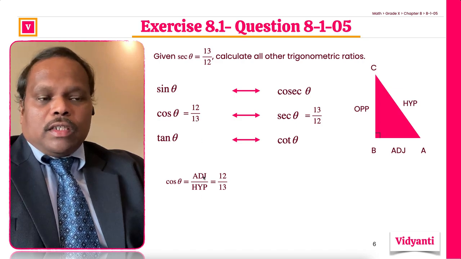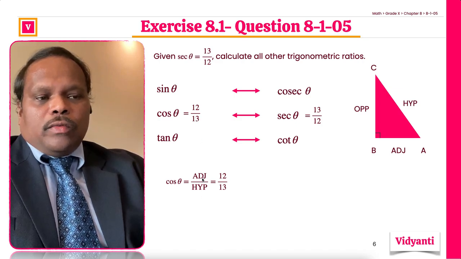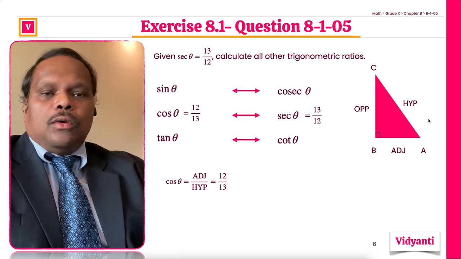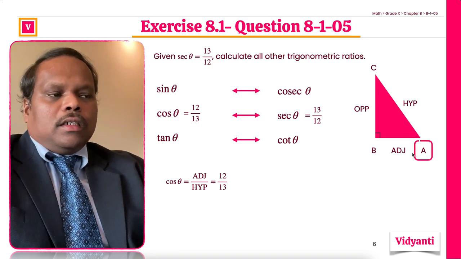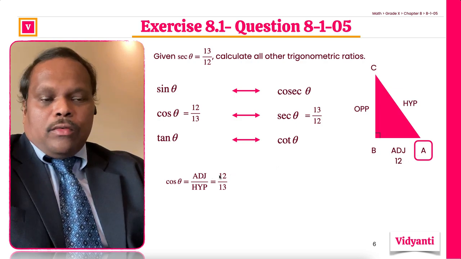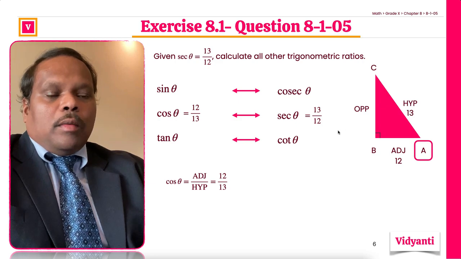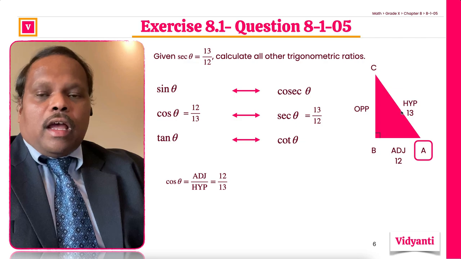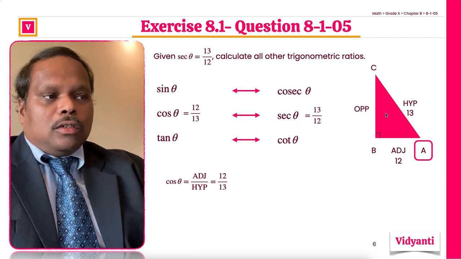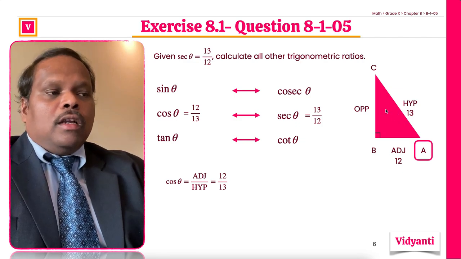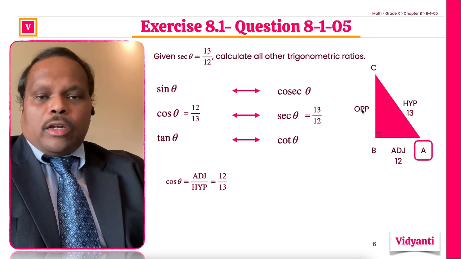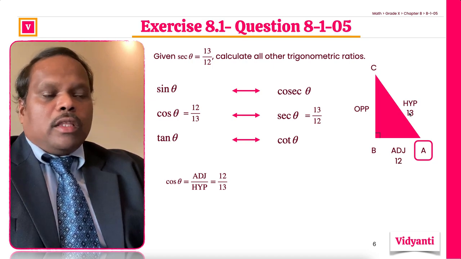Now, as far as the remaining 4 trigonometric ratios are concerned, we know that cosine theta is now 12 over 13, which is adjacent over hypotenuse. So if the adjacent is 12, I will write hypotenuse as 13 in the original triangle. As far as angle A is concerned, adjacent is 12 and hypotenuse will be 13. Since this is a right angle triangle, I can use Pythagoras theorem: 12 square plus opposite square will be 13 square.